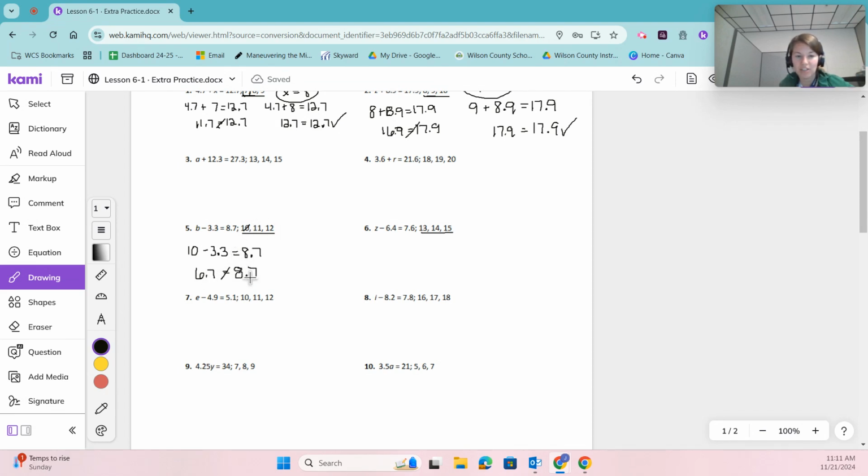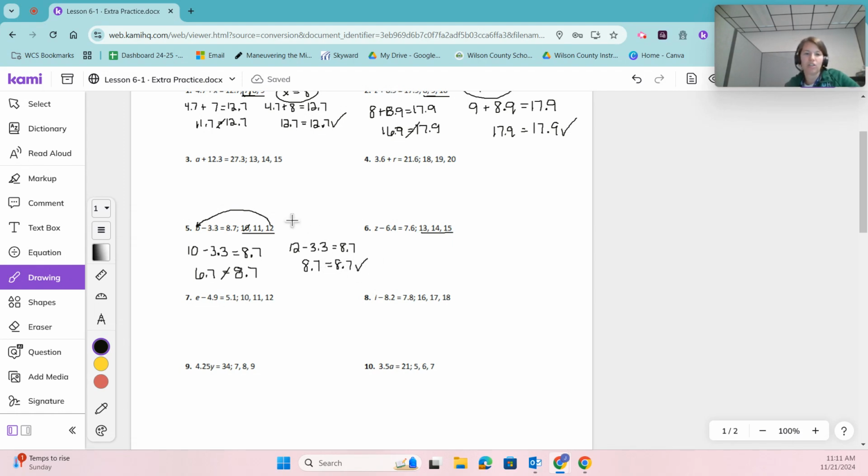I see here that these are 2 away. So I'm actually going to try 12 first instead of 11 because I think that's going to get me what I need. So 12 minus 3 and 3 tenths equals 8 and 7 tenths, substituting 12 in for b. 12 minus 3 is 9, minus 0.3 is going to give me 8 and 7 tenths. 8.7 equals 8.7, and I was correct.